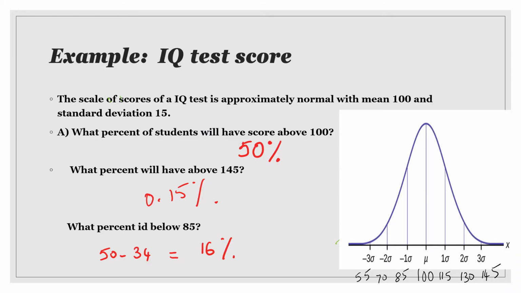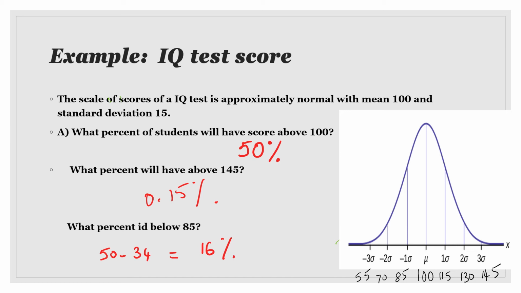Let's make use of the 68, 95, 99.7 rule, what we have learned about the normal distribution, to find the answers for this question. This example is on the IQ test score. It says the IQ test score is approximately normal with mean 100 and standard deviation 15.